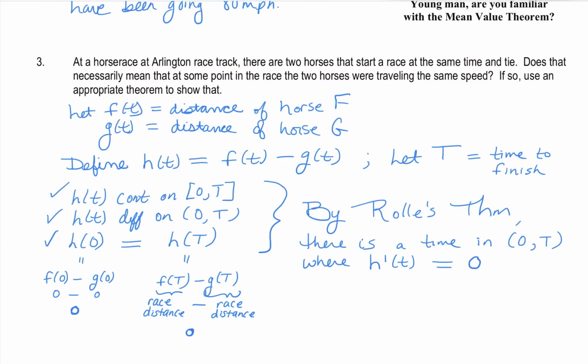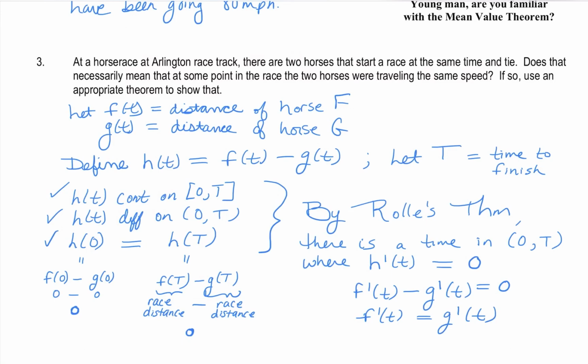Well, h is f minus g, and we can take the derivative term by term when adding or subtracting. So this is f prime of t minus g prime of t equal to 0. If we add g prime of t to the other side, we have f prime of t equal to g prime of t.